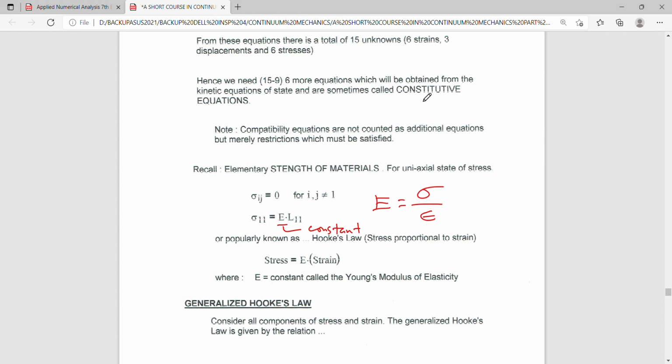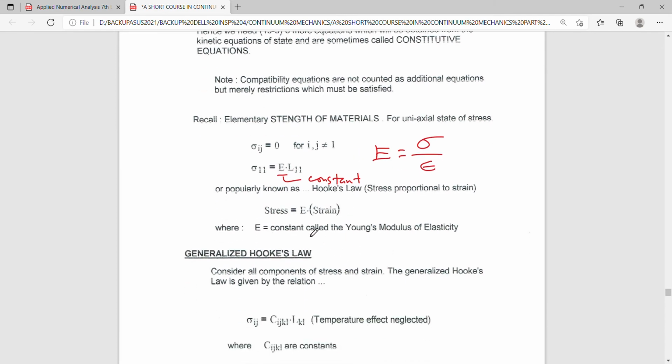So the constitutive equation is an extension of Hooke's law. It is Hooke's law in more than one dimension, okay? Which states that stress is simply proportional to strain.